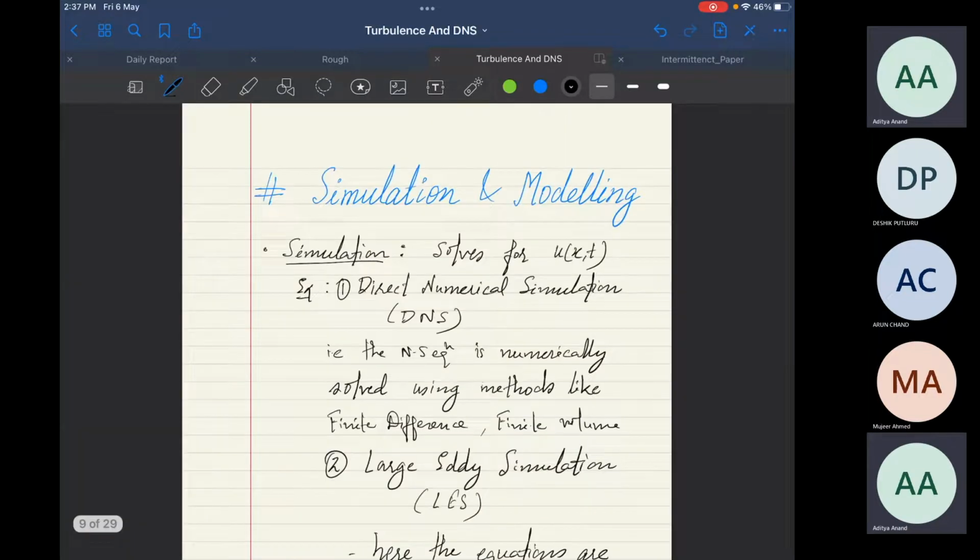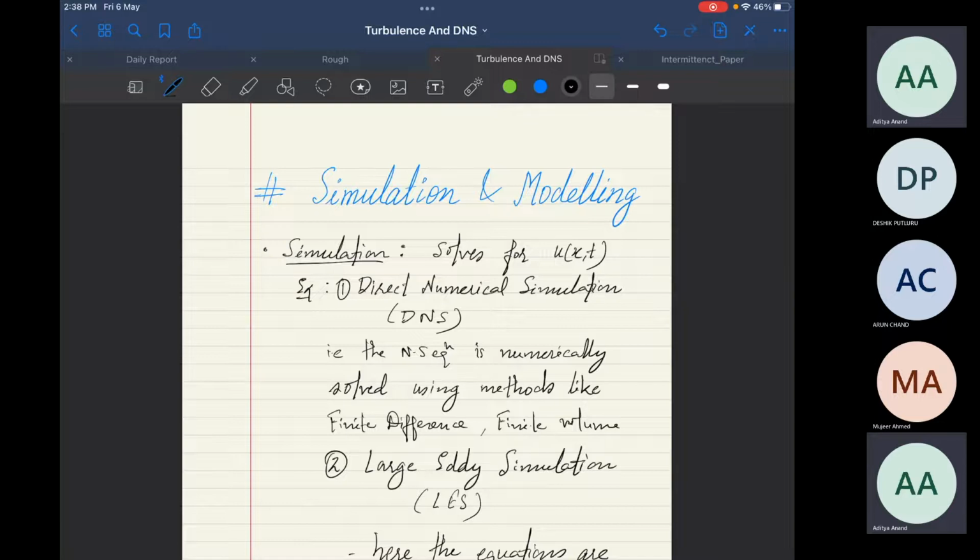Okay, now we'll move on to the aspects of simulation and modeling. So we have seen the instantaneous flow equations and the mean flow equations as well for the momentum and continuity equations. Now there are these two terms called simulation and modeling.